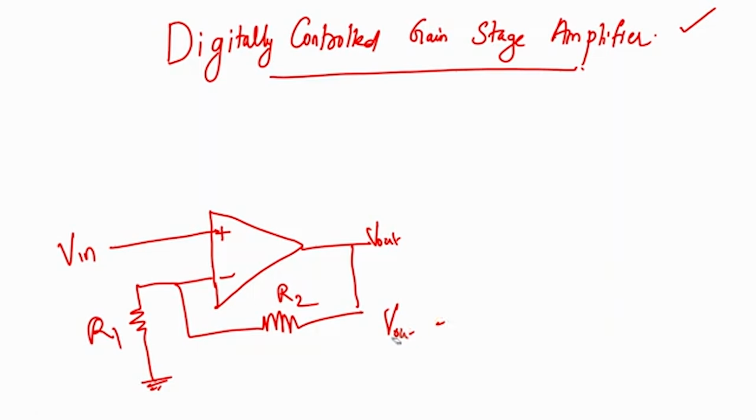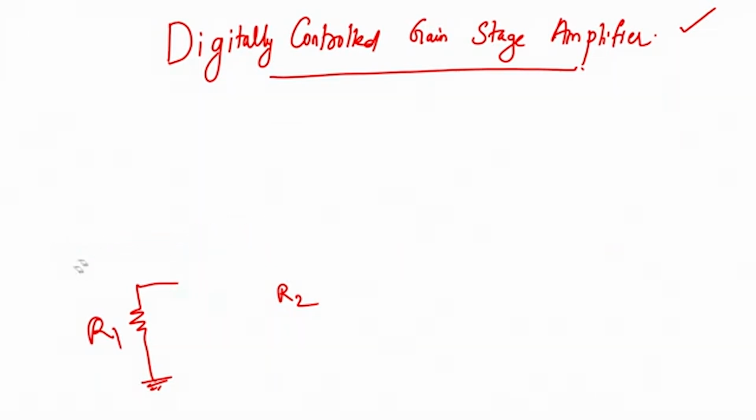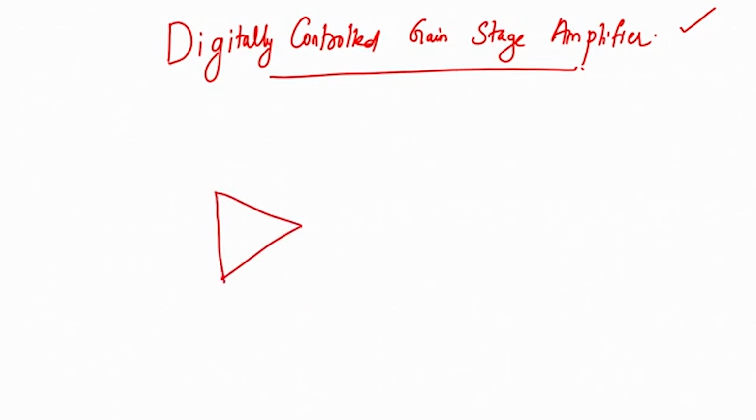Same way the inverting amplifier, how does it look like? Quickly let us go through it. The inverting amplifier looks like this. So you have the op amp again, you have the output, you have the inverting terminal, you have the non-inverting terminal. The non-inverting terminal is grounded.